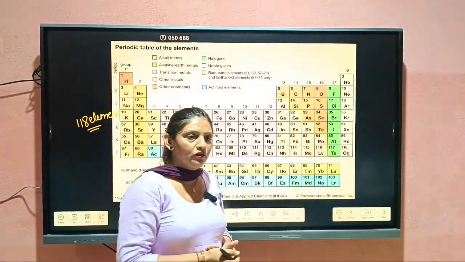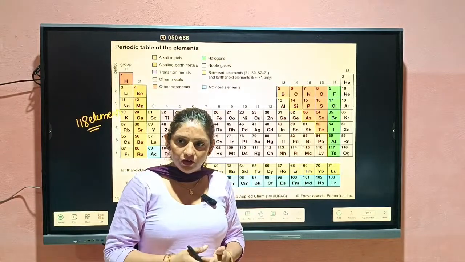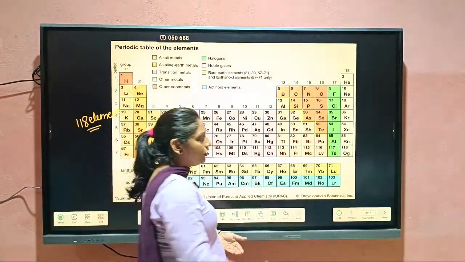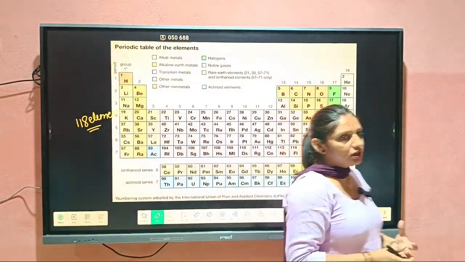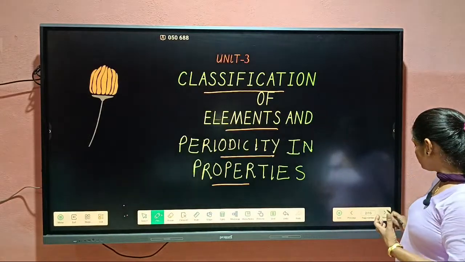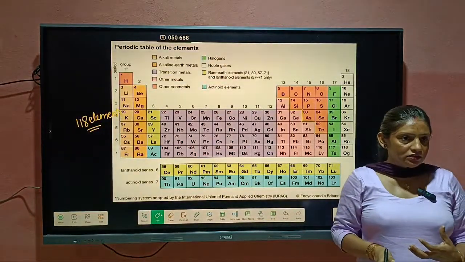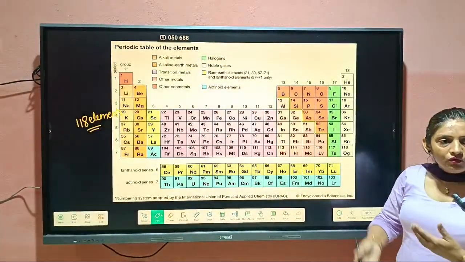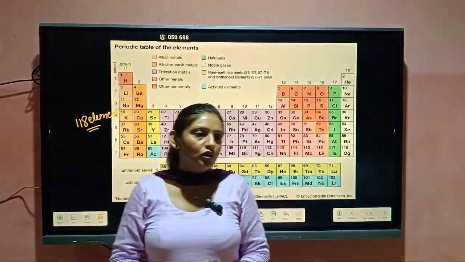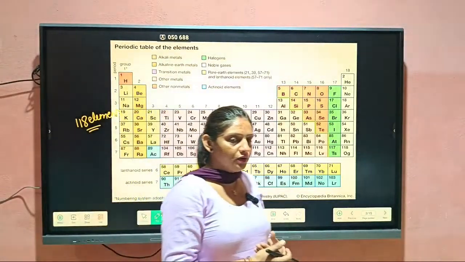In this day we are going to study the periodic table, the 118 elements. But what is the history behind that? How did it get developed? We will study today.